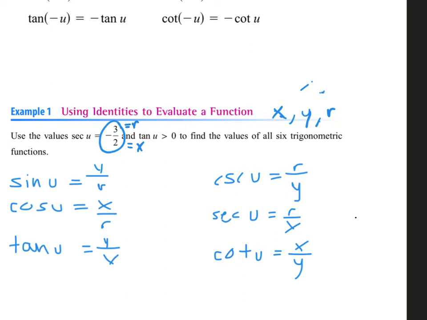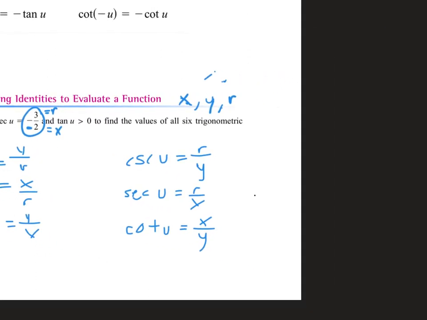The x. R is our hypotenuse, and the hypotenuse is always positive. So negative 2 is our x, and 3 is our r. Now we just have to find our y.